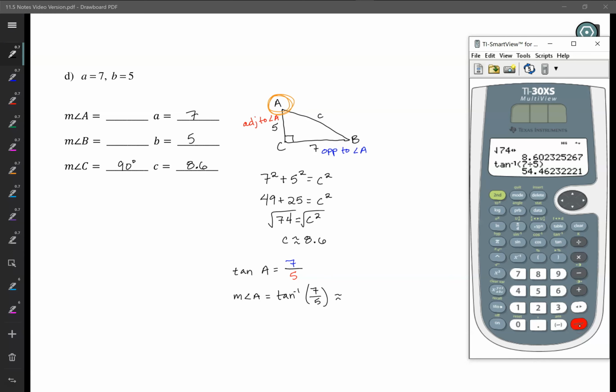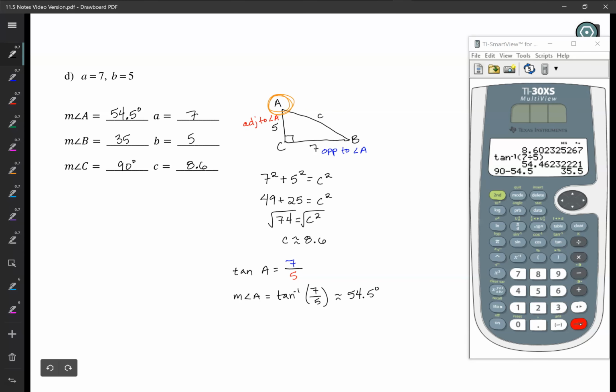About 54.5 degrees. And you have choices. You can subtract that from 90 to get 35.5 degrees.